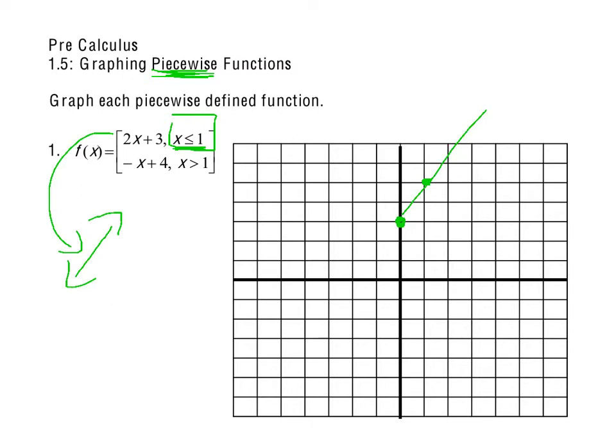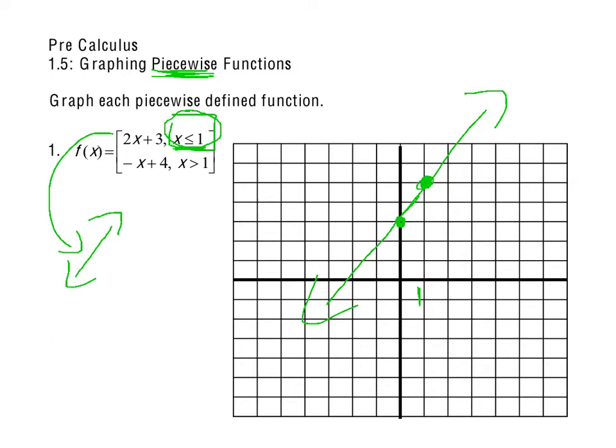Make sure you have a pencil. Now, that's the whole line, 2x plus 3. Now, I'm only graphing a piece of it. I'm only graphing it where it's defined, x is less than or equal to 1. So I go down here where x is 1. And where x is 1, I have this point right here that I'm highlighting, making bigger.